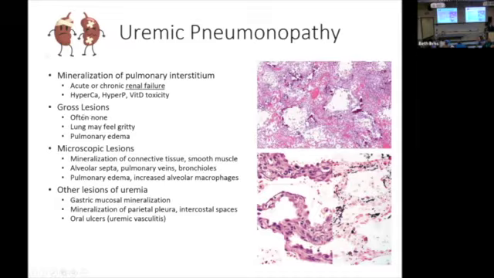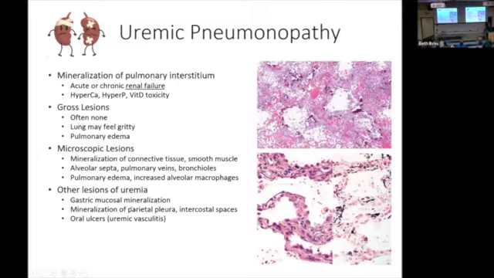So grossly, often none. If you do see something, you'll see pulmonary edema, because this is similar to an interstitial pneumonia, where you're attacking the interstitium and all that's there is capillaries, pneumocytes, right? So you're getting lots of fluid exuding into your airspace. So edema can be pretty severe. Look for other lesions of uremia to confirm. This is one you're not going to see grossly.